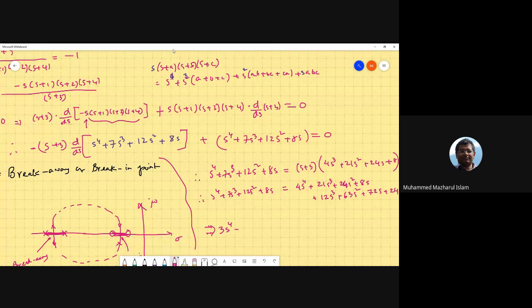This implies 3s to the power 4 plus 21 plus 12, what is it? 21 plus 12 minus 7, so 26, plus 24 plus 63 minus 12. Do it and you'll see what comes, you can work it out yourselves, I guess. Tell me, what is the next one? 24 plus 63 minus 12, 75. 75, very good, 75s square, and the 8s cancel out actually, 72s plus 24 equals 0.